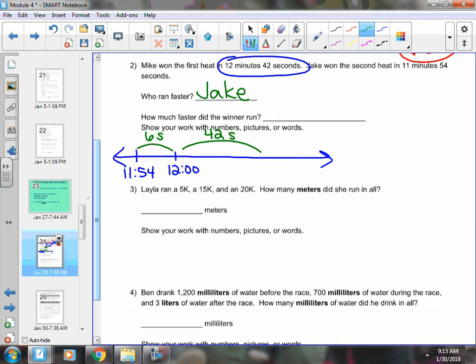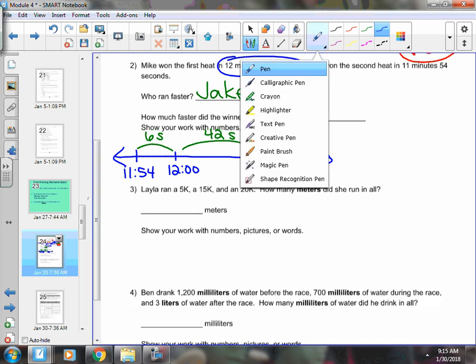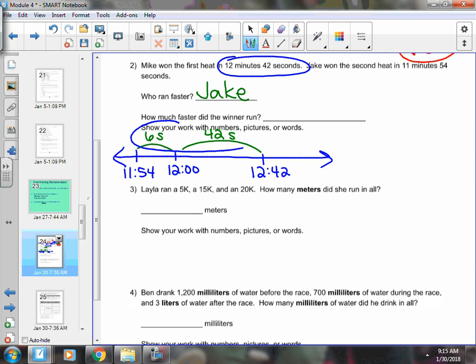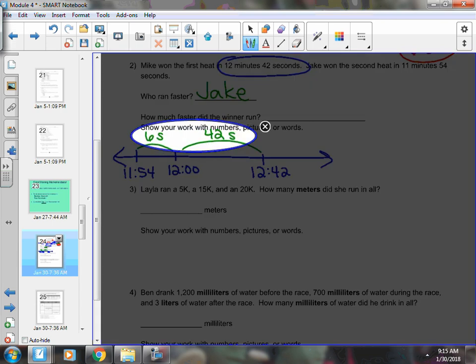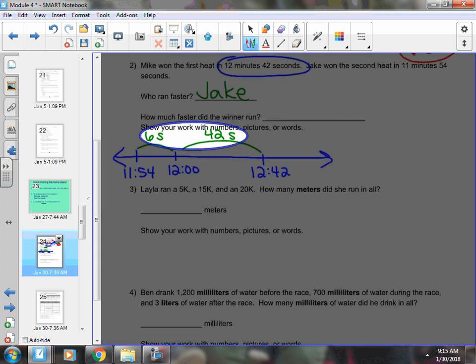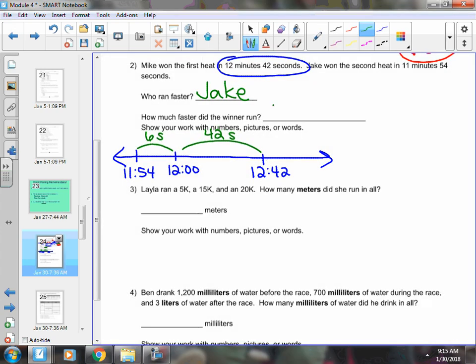And that puts me at Mike's time. Remember, the answer is how much we jump. So I just need to add 42 seconds plus 6 seconds, which is 48 seconds. So how much faster? 48 seconds, which is almost a whole minute.